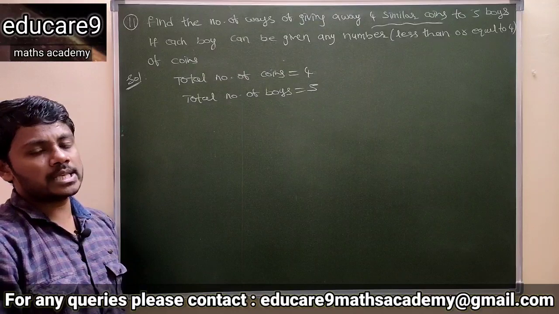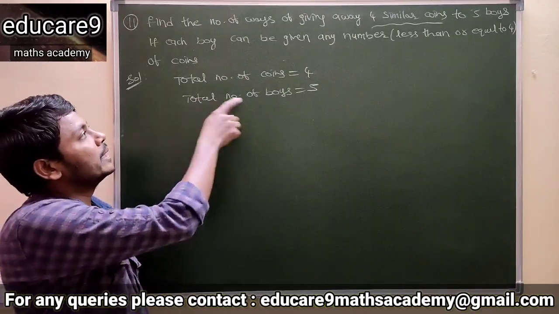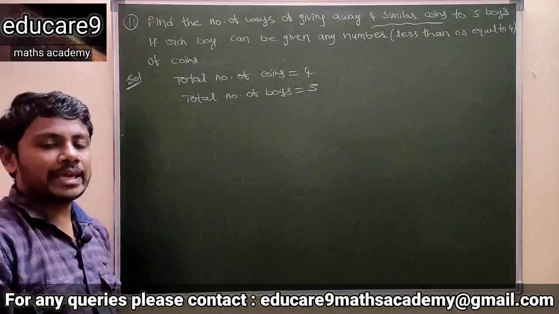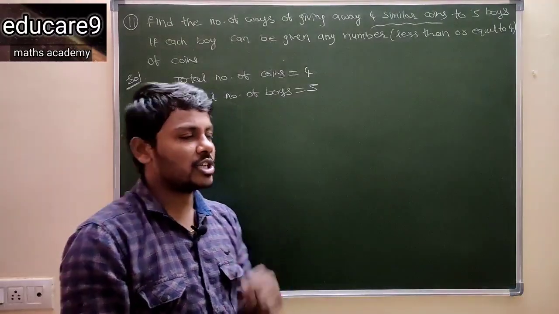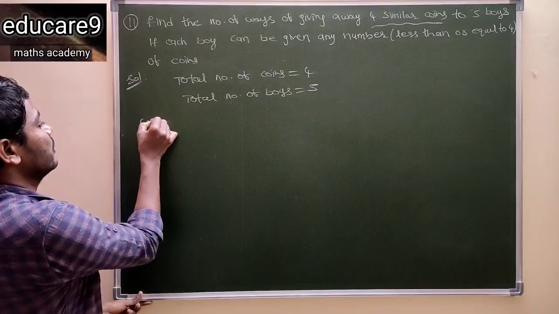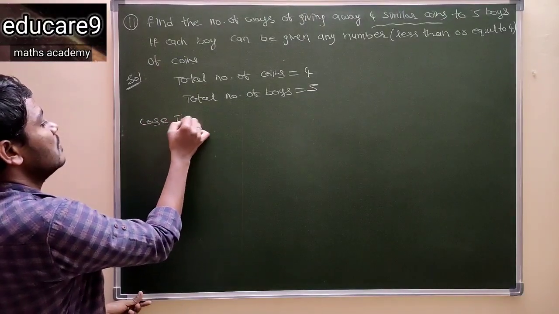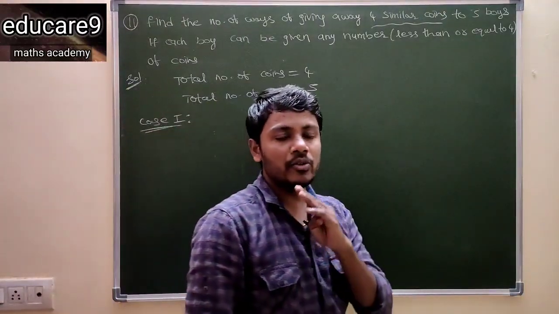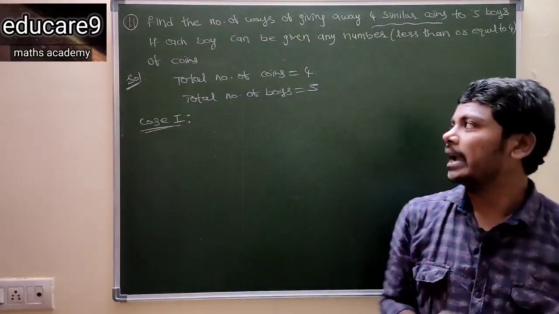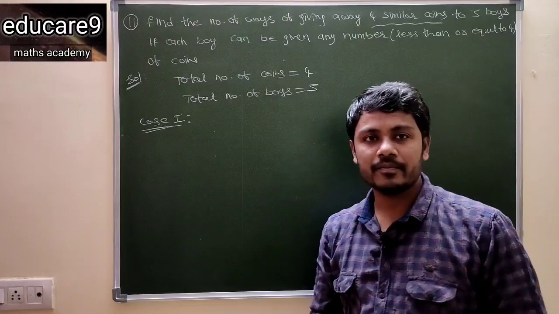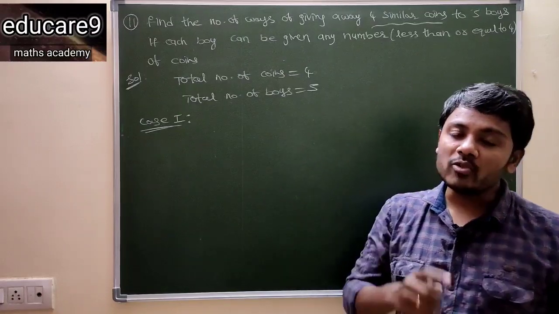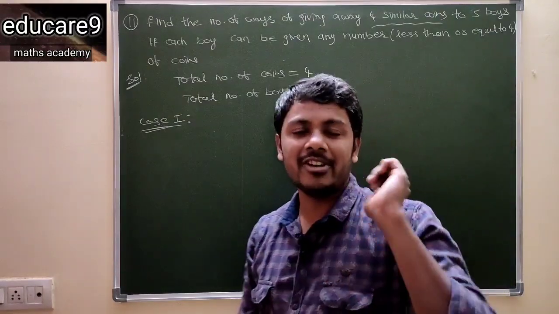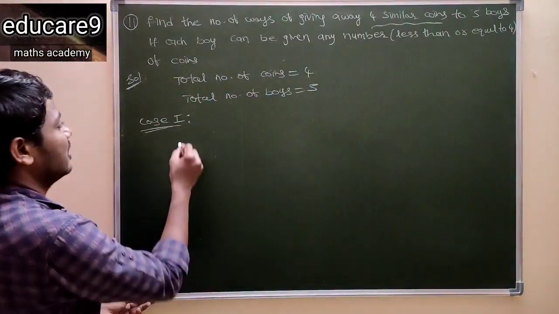Here, to give similar canes to 5 boys, a few cases arise. See the first case. First, you need to select 1 boy out of 5 boys and give all 4 similar canes to that 1 boy. So that is the first case.